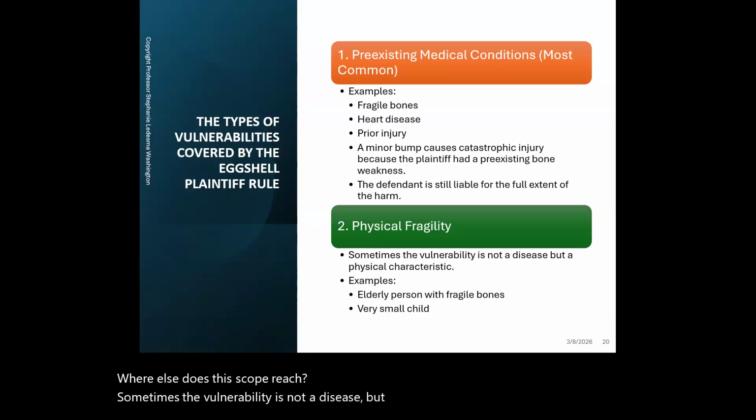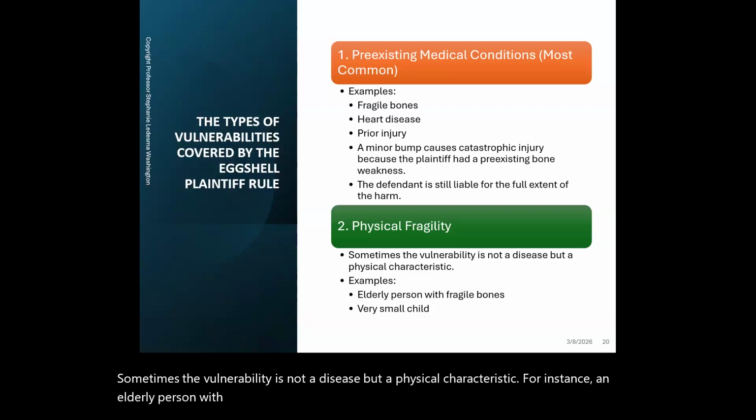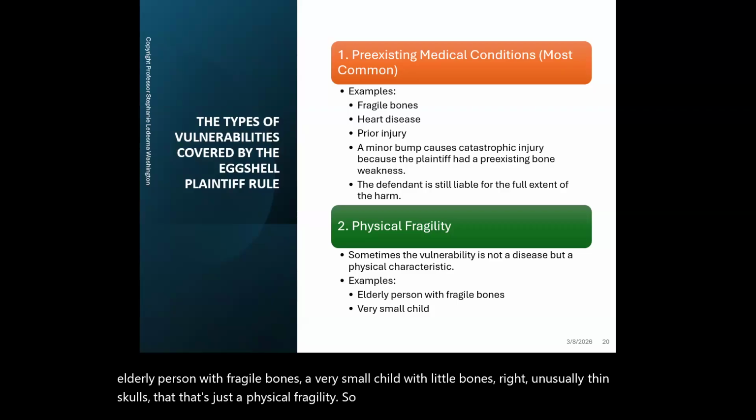For instance, an elderly person with fragile bones, a very small child with little bones, right? Unusually thin skulls. That's just a physical fragility. So the scope of the eggshell skull plaintiff rule reaches physical fragility.